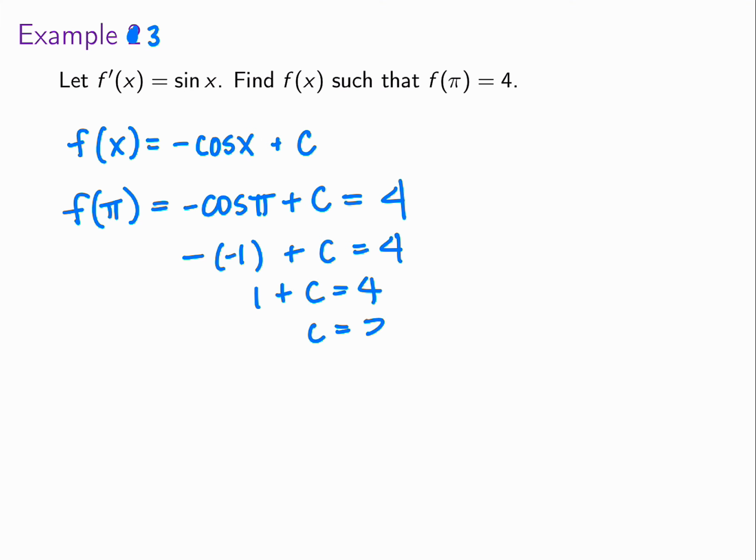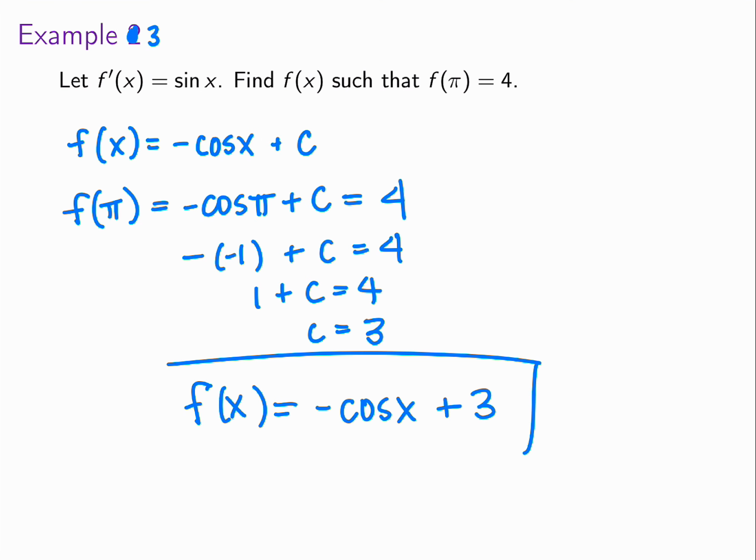So c equals 3. That tells me that my original must have been f of x equals negative cosine x, and instead of plus c, I'm going to put plus 3. The particular solution that fits this initial condition, that f of pi had to equal 4, is negative cosine x plus 3.